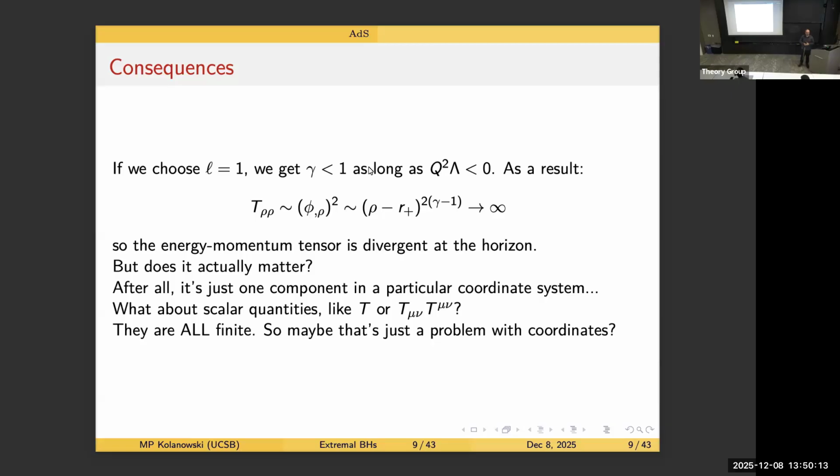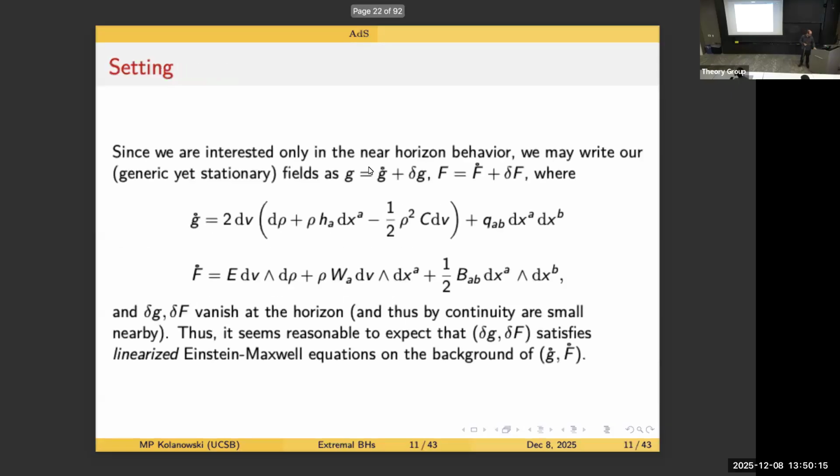Yes. Okay. So for instance, if I was dropping a string into this geometry, then there would be some, if I'm doing some sort of alpha prime expansion, there are some terms in the alpha prime expansion of the sigma model on the string then that are going to blow up.